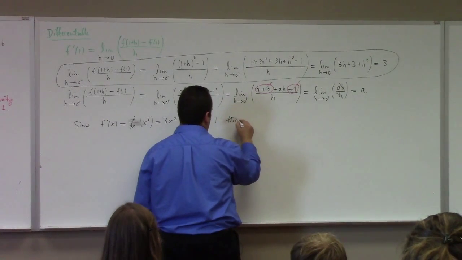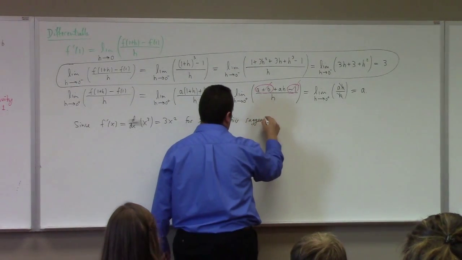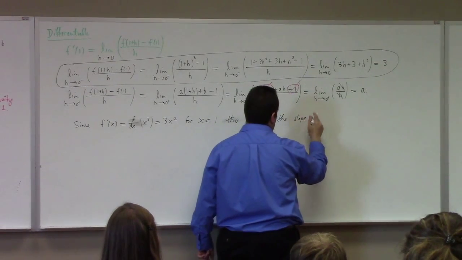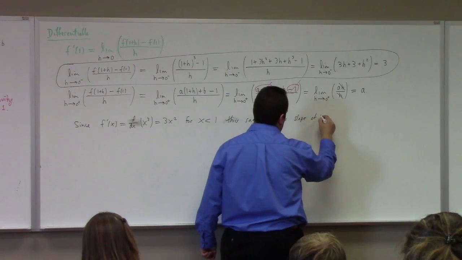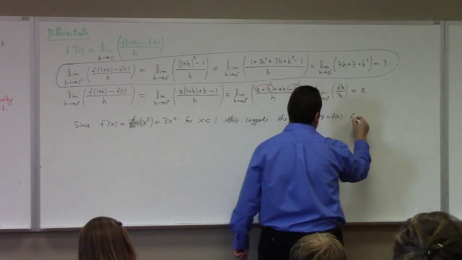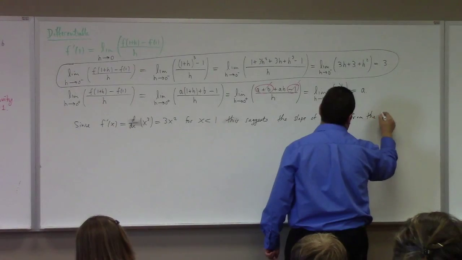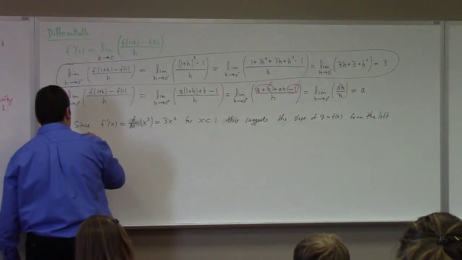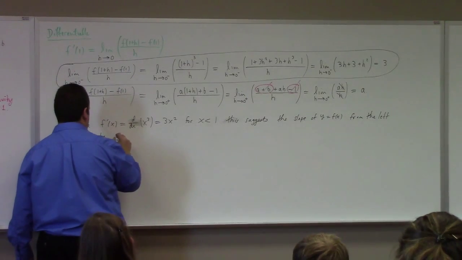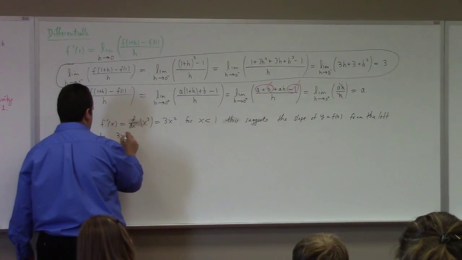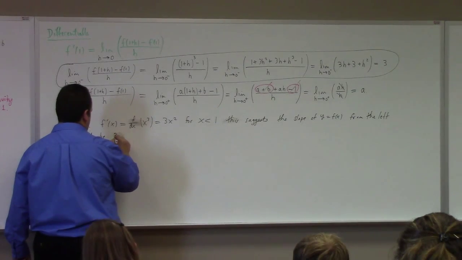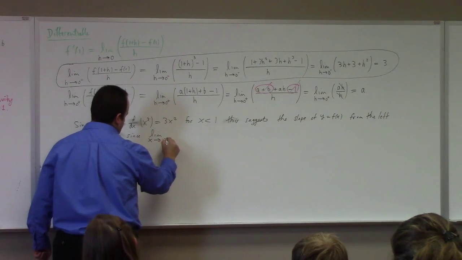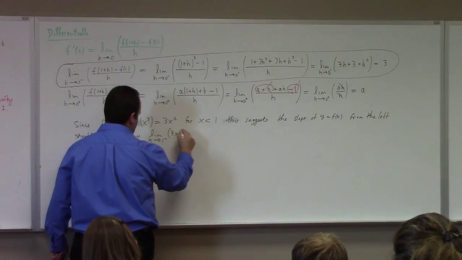this suggests the slope of y equals f of x from the left should be 3, since the limit as x approaches 1 from the left of 3x squared is equal to 3.